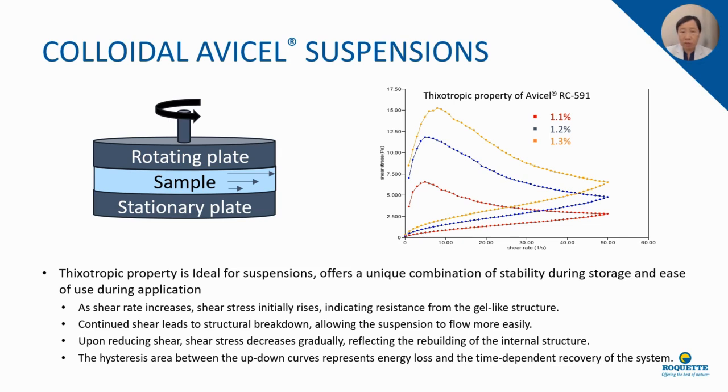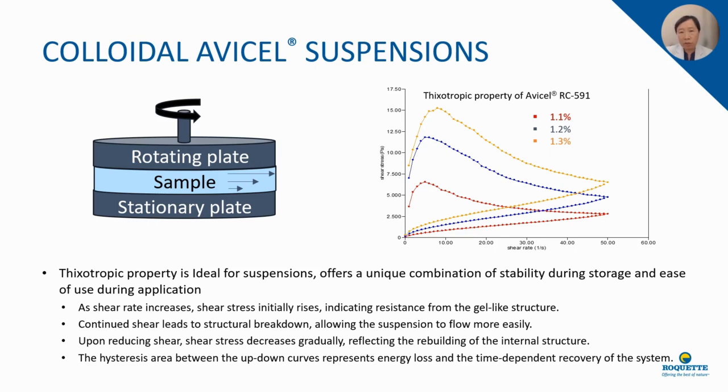As the shear rate increases, the rheometer records the shear stress required to deform the liquid sample. In a thixotropic material like colloidal Avicel, the shear stress initially increases, which means the gel-like network structure resists flow, then decreases as the internal gel-like network breaks down.